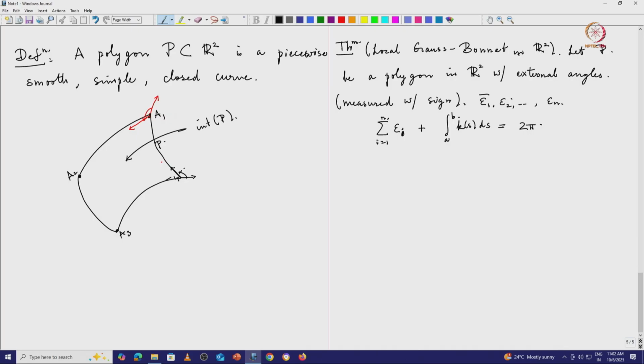Okay. So that's what is called the local Gauss-Bonnet theorem in R2.